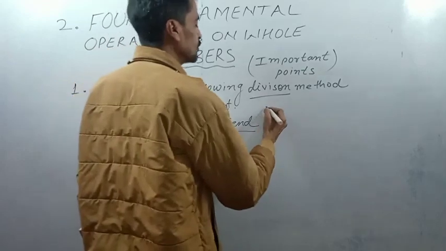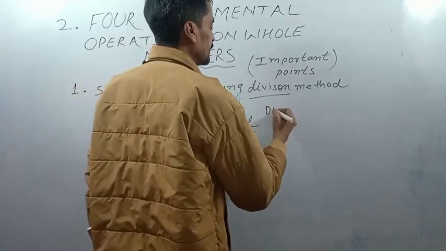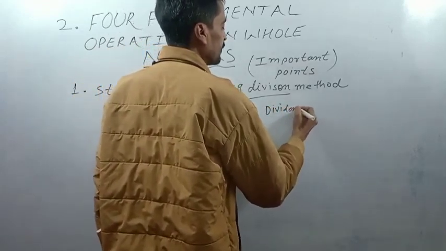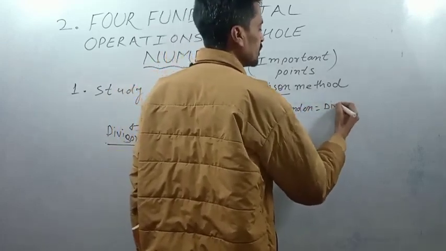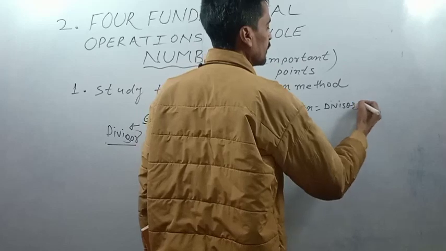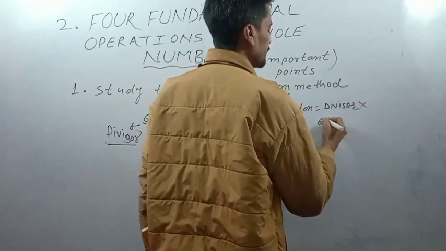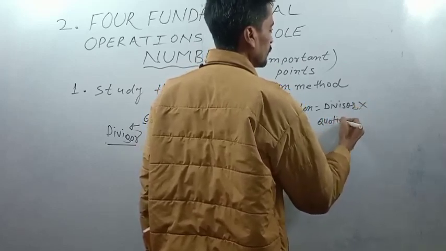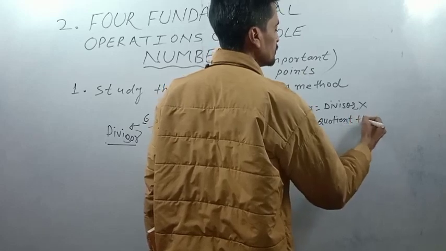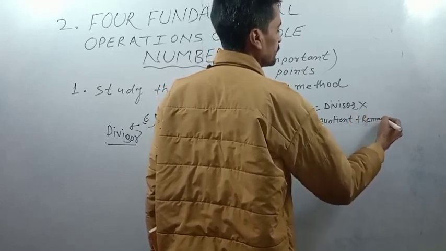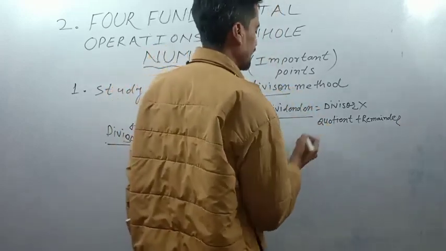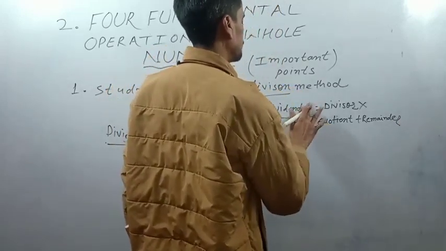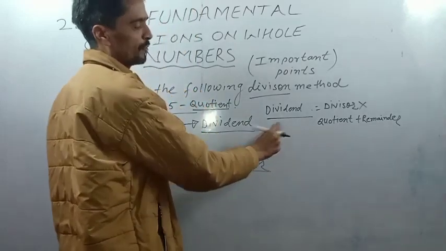Here the formula: dividend is equal to divisor into quotient plus remainder. It is the formula of dividend.